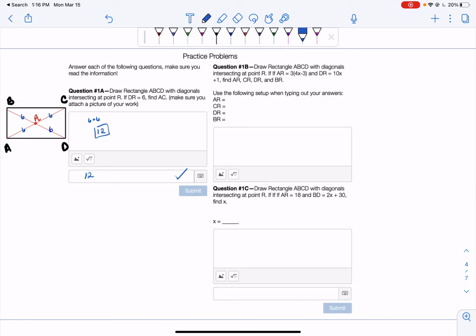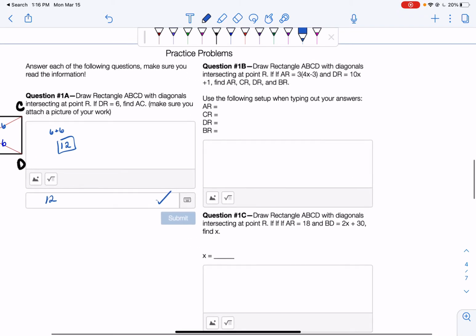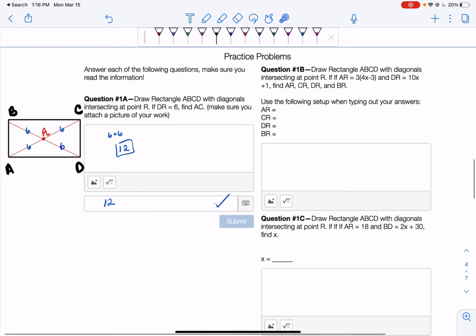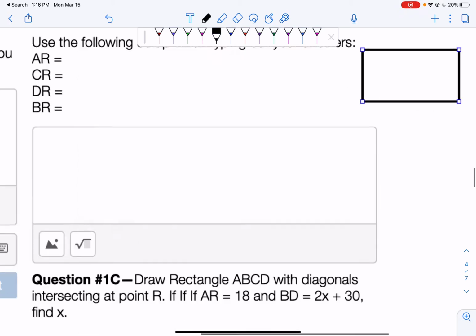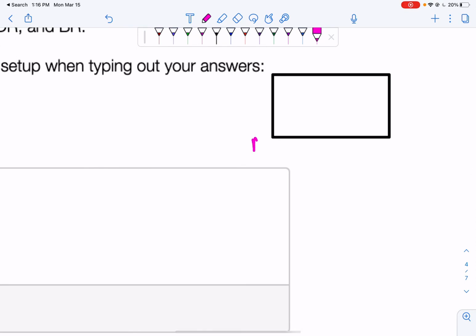Question number 1b. Draw a rectangle ABCD with diagonals intersecting at point R. So I'm basically redrawing this image over here now. So I have my ABCD. I'm going to intersect at R. Very good.